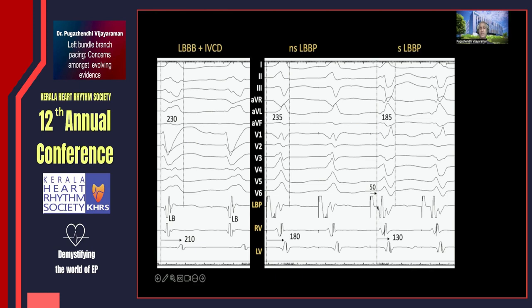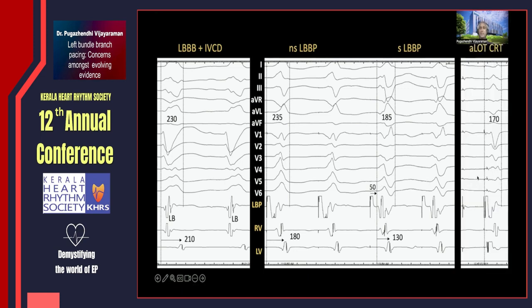If you take QLV when there is left bundle capture, compared to native rhythm, there is about 80 milliseconds shortening with the left bundle pacing. So even though the paced QRS is wide, LV activation is somewhat decreased by this approach.